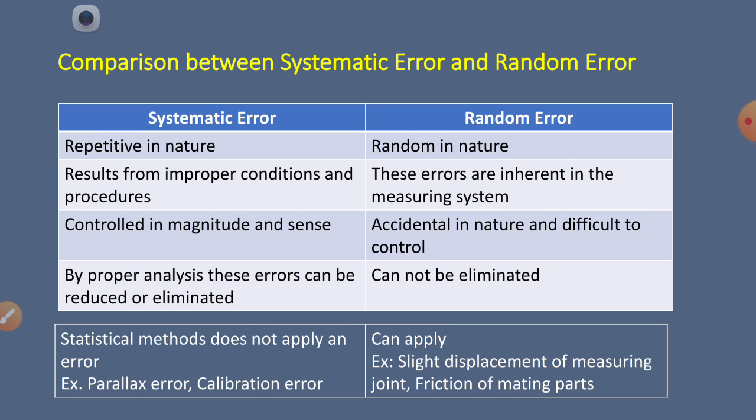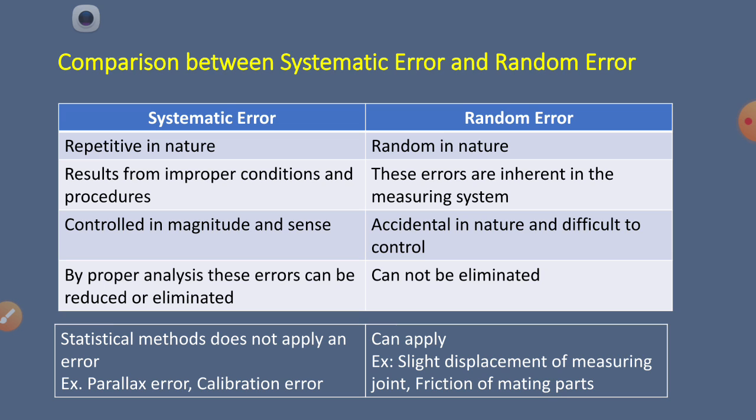Random error can be reduced by slight displacement of the measuring joint, the friction of the mating parts, by changing which the error may change somewhat. These are some comparisons between the systematic error and random error.